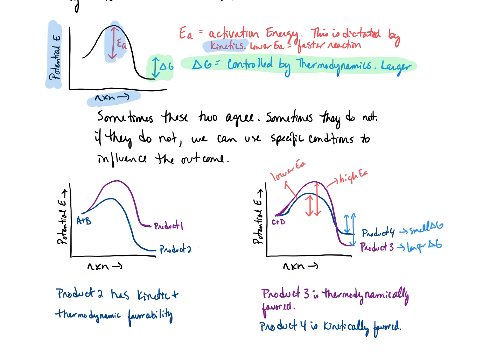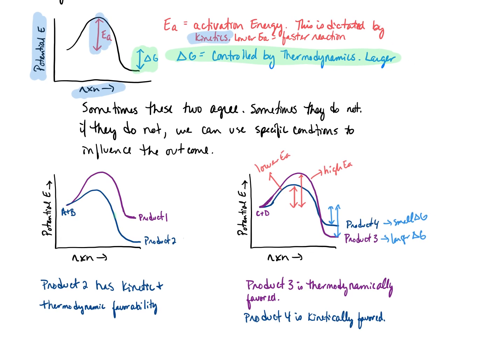Here's what that translates to, you all. When we're looking at product 4, this is going to have a lower activation energy, but overall it's going to be higher energy. The products are higher in energy. So that is going to be something that is kinetically favored.